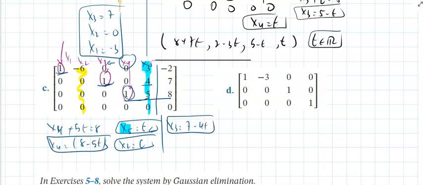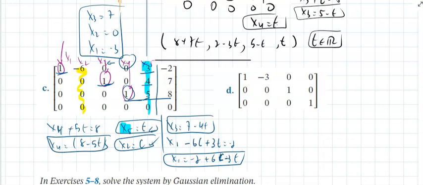Let's go to x1. x1 minus x2. We said x2 was c, minus 6c, plus 3x5, that's 3t, equals negative 2. So we'll say x1 is negative 2 plus 6c minus 3t.